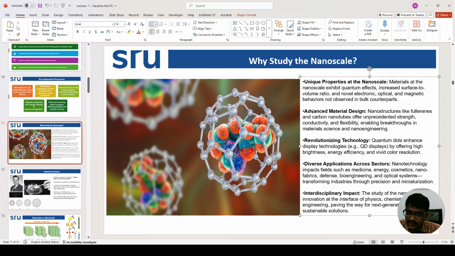Second one, advanced material design. Nanostructures like fullerenes and carbon nanotubes offer unprecedented strength, conductivity, and flexibility, enabling breakthroughs in material science and nano engineering. A fullerene is a carbon structure. These can be utilized to carry medicine to a proper place. If you take a medicine, it dissolves in blood and travels through our whole body.